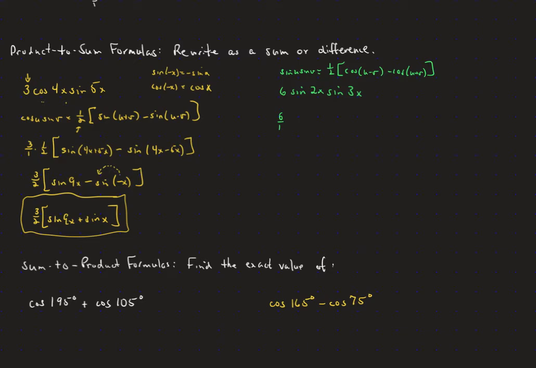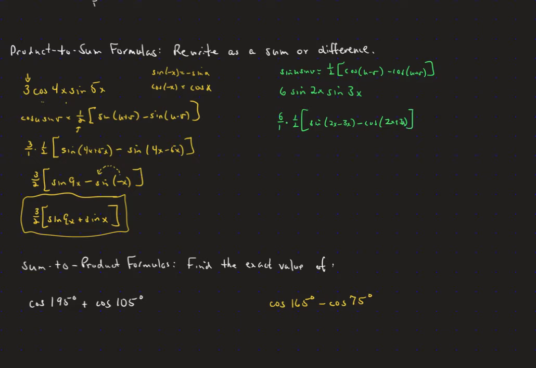So for us, we're going to have that 6 hanging out. We'll get our 1/2, and then that's going to be the cosine of 2x minus 3x, and then minus the cosine of 2x plus 3x.